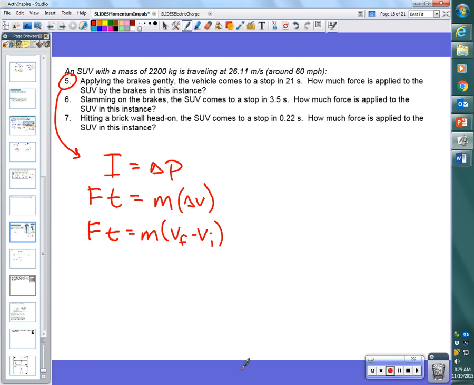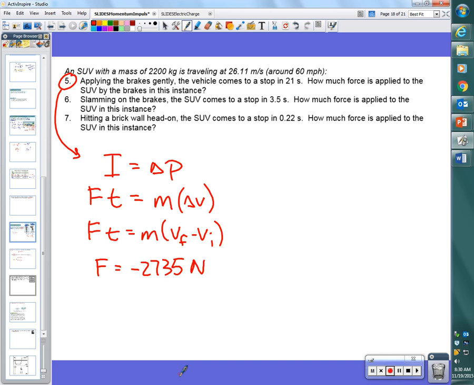So let's solve for the force that is applied to the SUV in this problem. Alright, did we end up with that?